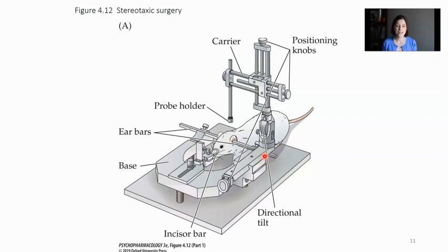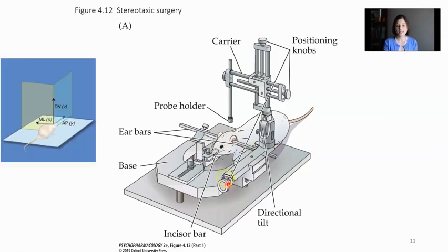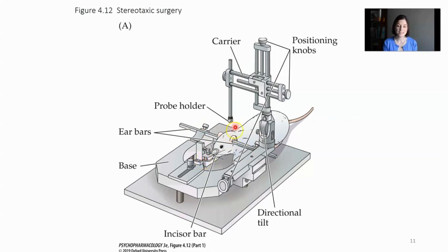This allows us to then drill a hole in the skull and implant something at a specific location. And we can do this in 3D by using 3 different coordinates, which we call the medial lateral plane, the anterior posterior plane, and the dorsal ventral plane.